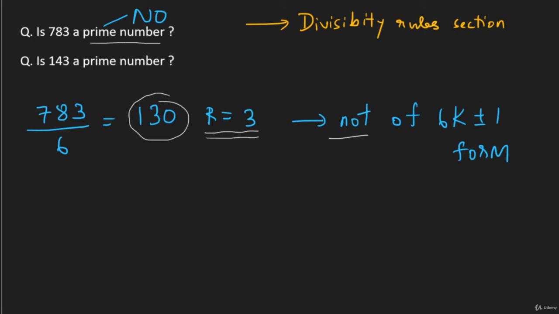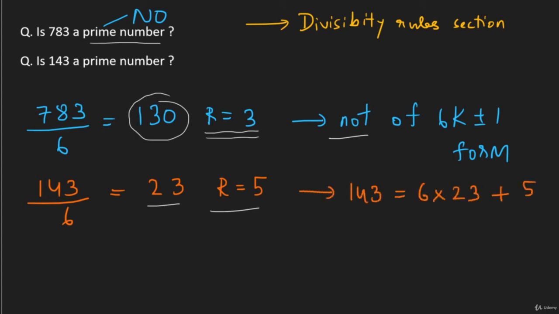Alright. Let's try 143. If I divide 143 by 6, I'll get 23 as the quotient and my remainder would be 5. So this implies that I can write 143 as 6 into 23 plus 5, right? Try to do this along with me. Pause the video and keep working along with me.